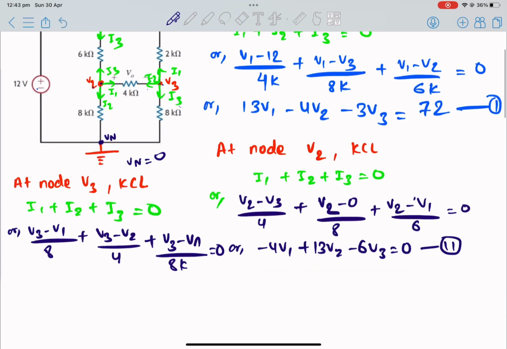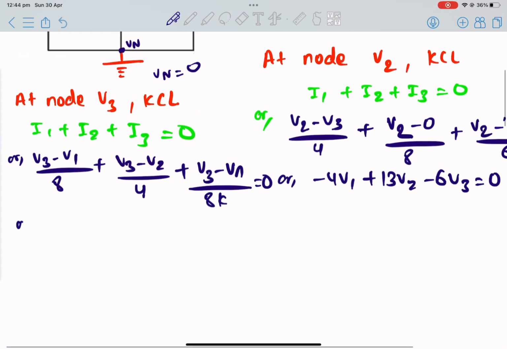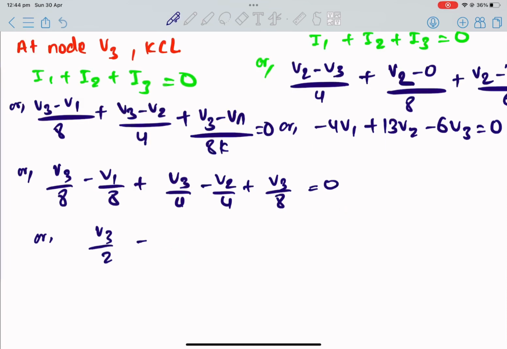Okay, so let's solve this one again. You can fast forward the video if you don't want to see the calculation. Vn is 0, so V3 over 2 minus V1 over 8, and finally minus V2 over 4 equals 0.